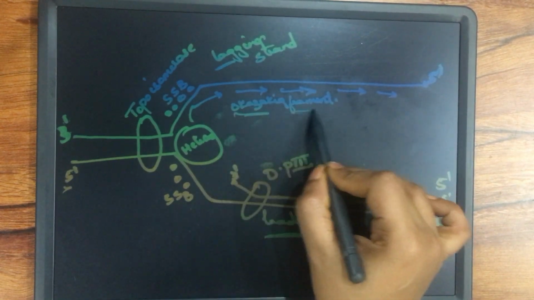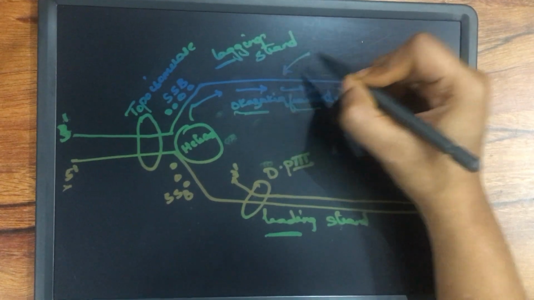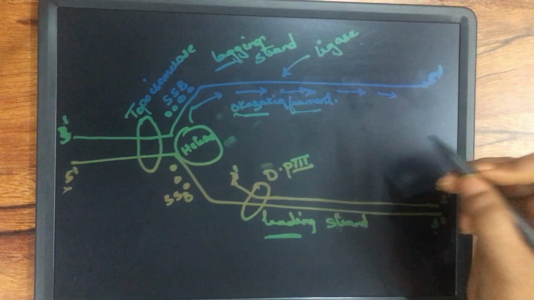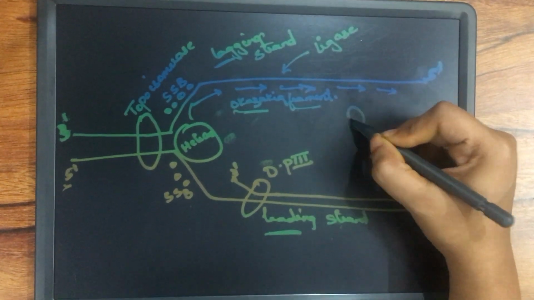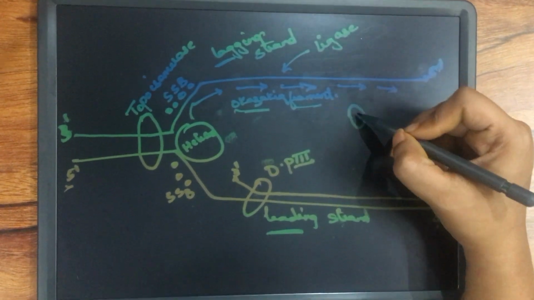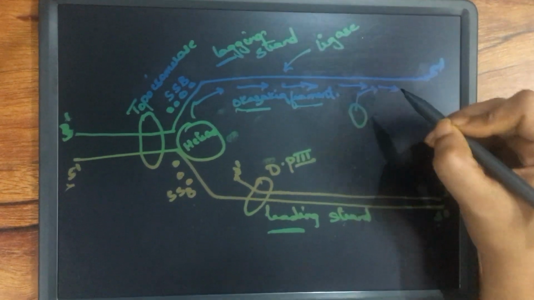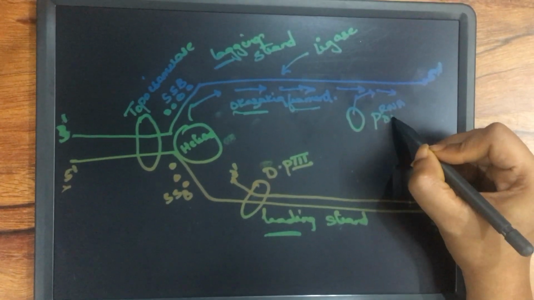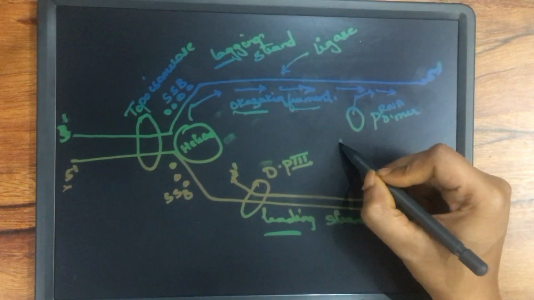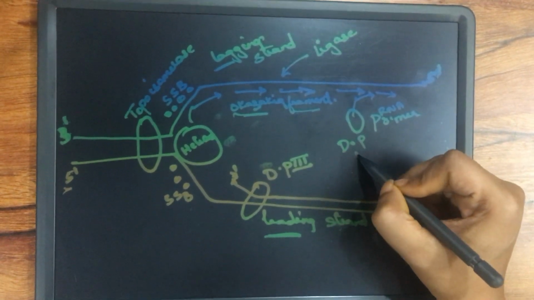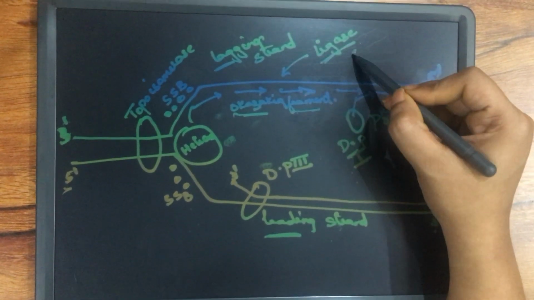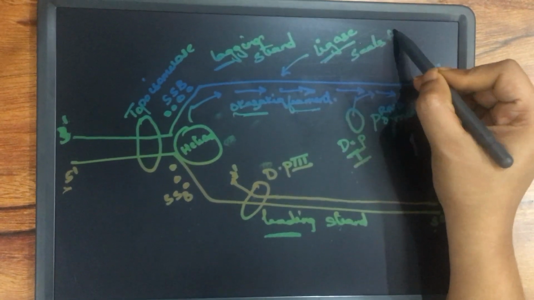Okazaki fragments are formed. The sealing is done by ligase. The removal of primer is done. RNA primer removal is done by DNA polymerase 1. Once the primer is removed, the DNA ligase seals the gap.